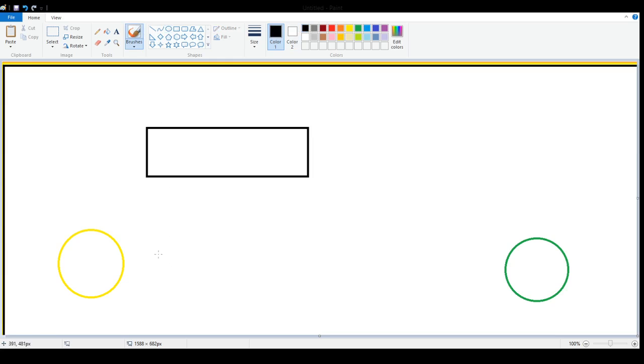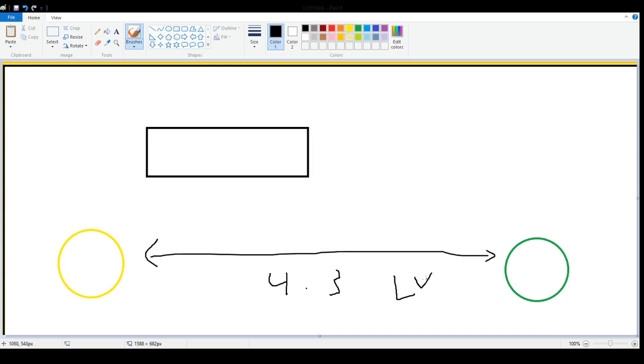Now, the distance between the two, 4.3 light years. And yes, I know that off the top of my head. The point I want to make here is that space is really, really big. Most of space is empty space.